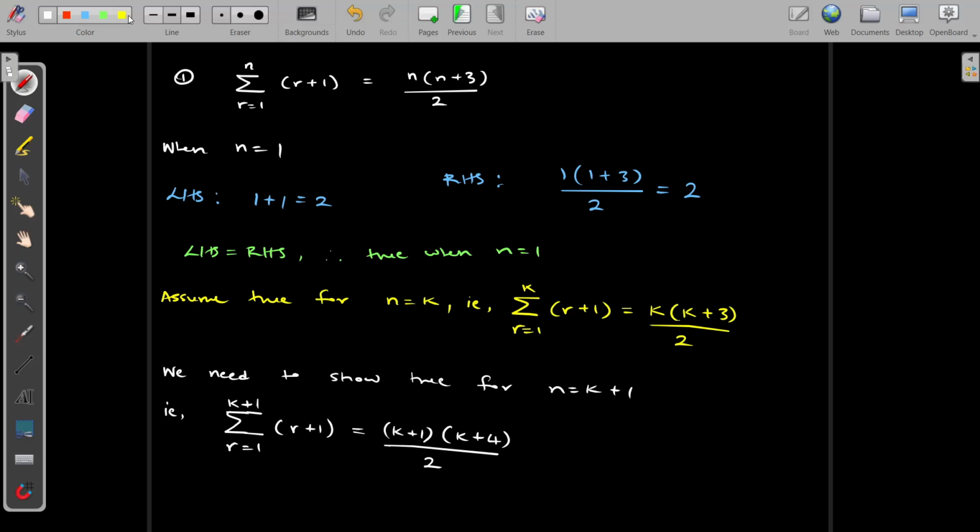This would now be what we are required to prove. RTP simply means required to prove. So we see what's happening here. This is now our right hand side. So we need to prove that.